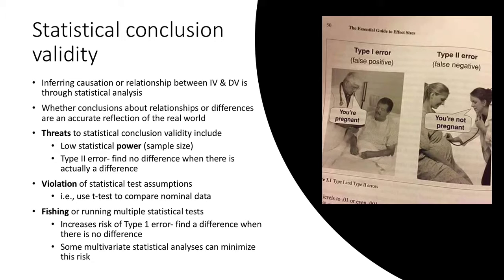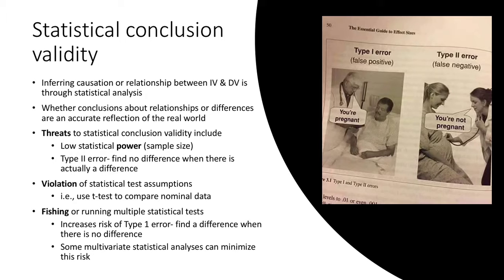Investigators sometimes get into issues of what they call fishing, or running multiple statistical tests, and this will actually increase the chances of what's called a type 1 error, meaning that you find a difference, a false positive, when in fact there is no difference at all. Some of the multivariate statistical analyses that can be conducted can help minimize this risk.